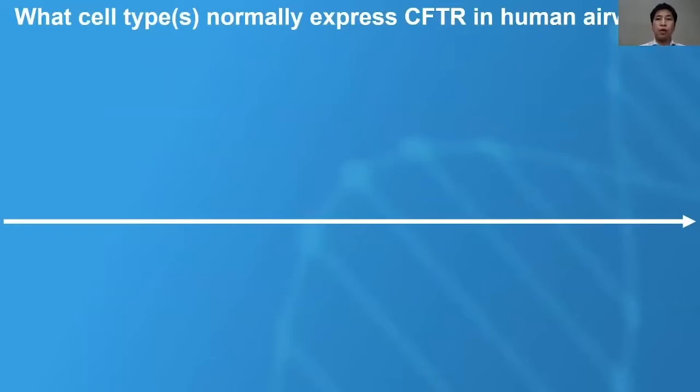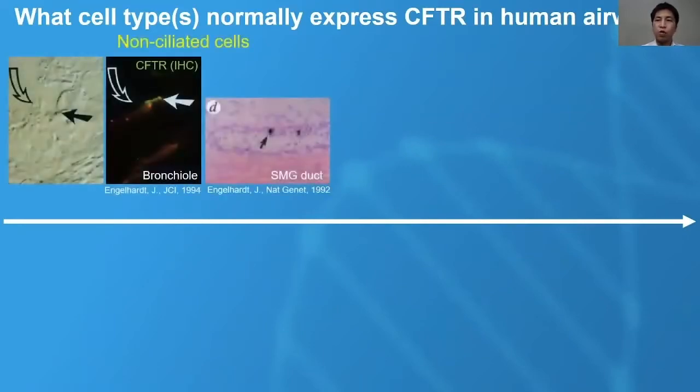So now let's move on to the CFTR. Historically, multiple airway epithelial cell types have been reported to express CFTR in human airways. Dr. Engelhardt reported non-ciliated cells express CFTR in bronchioles and submucosal gland ducts in 1990.